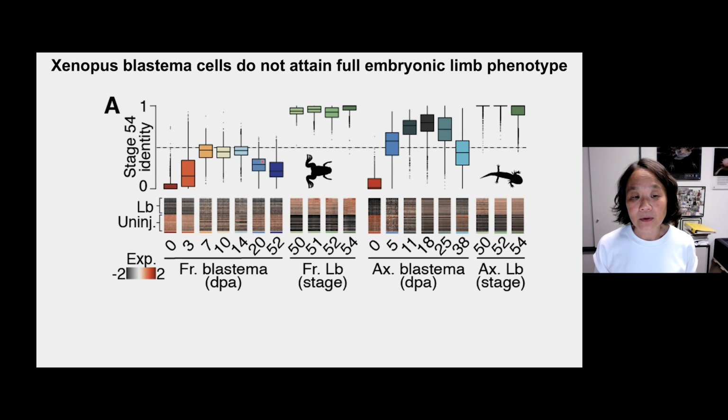So really the question is, are the cells themselves incapable of turning on this embryonic limb bud program, or is there something missing in their environment, or even something negative in their environment that's preventing these frog cells from turning on this limb bud program?